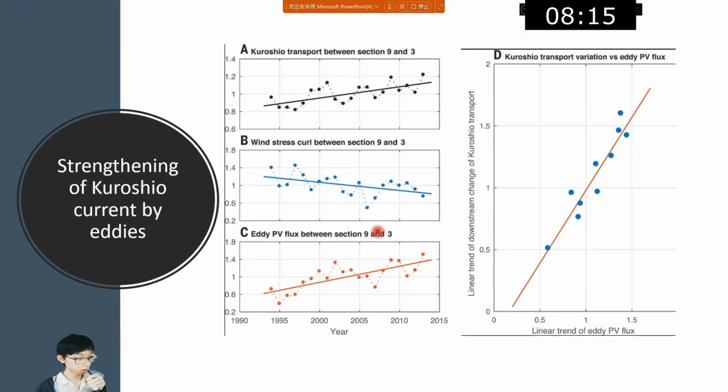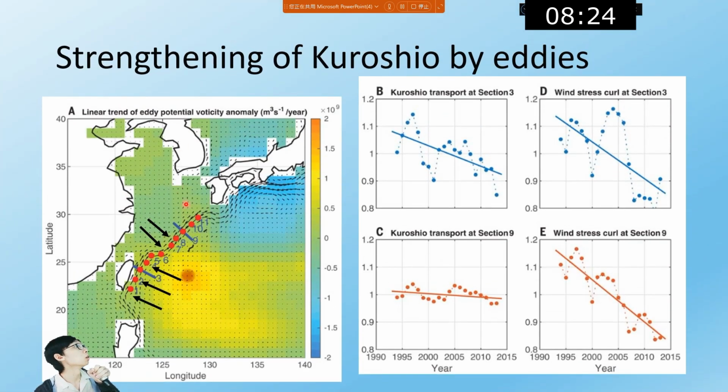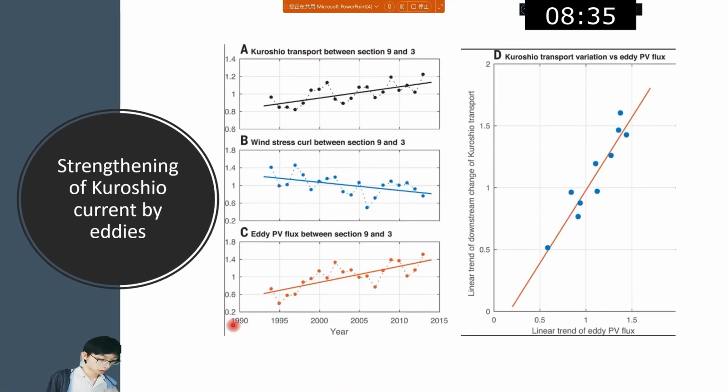Next, we compare the two sections' difference. Section 9 is here, the blue line here. And section 3 is the blue line here. In picture A, the y-axis is about a view after normalizing.